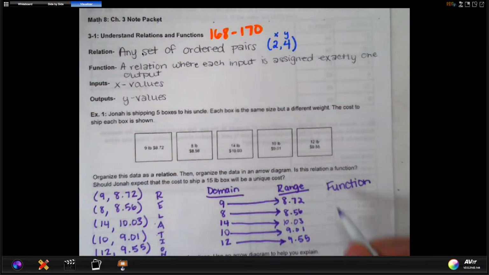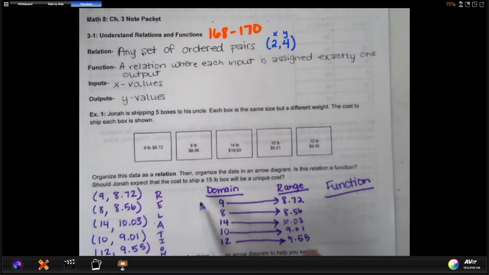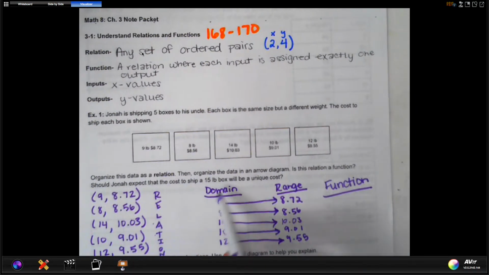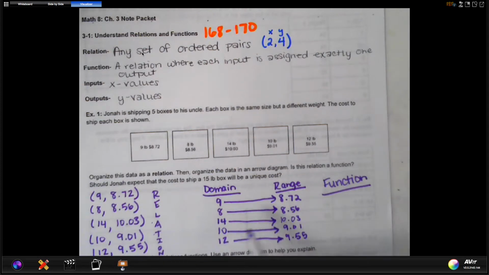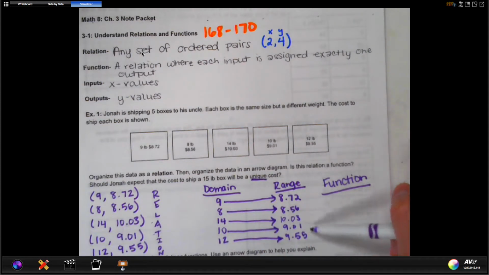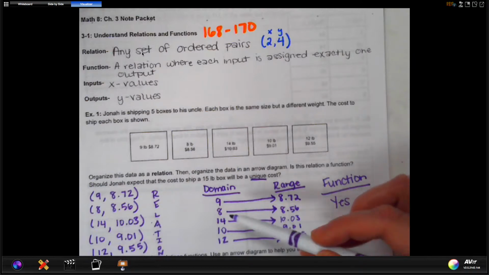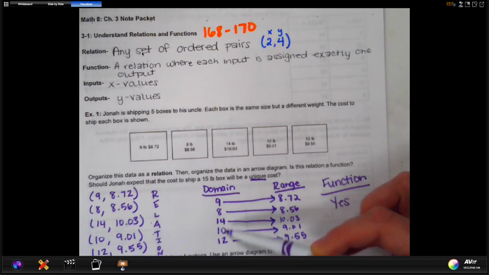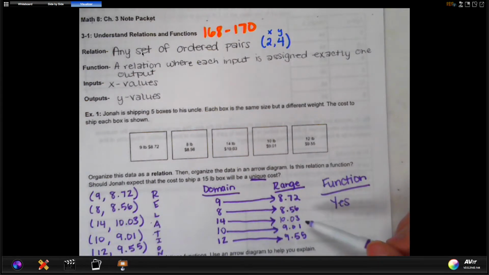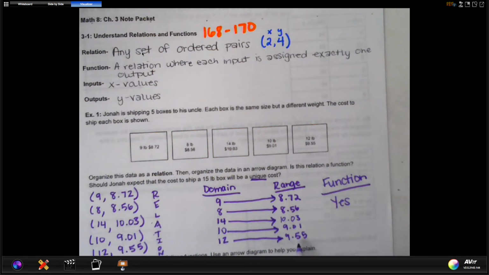And then what that means is, should Jonah expect the cost to ship a 15-pound box, which isn't in there, be a unique cost, meaning it will not be any of the costs already listed? And the answer is yes. And that's the definition of function, is that each x value gives you a unique y value. You can't have a 15-pound box that now costs $9.55 or something already taken.